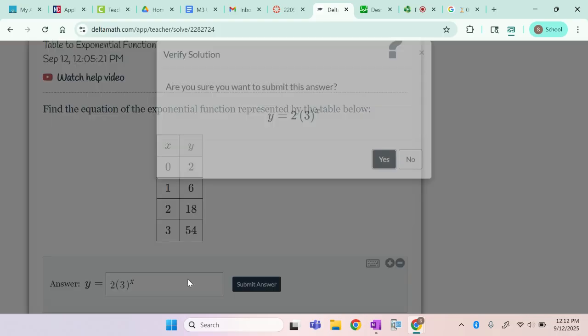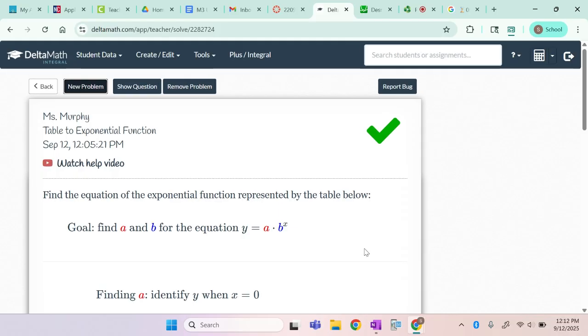And if I hit submit, it is the correct answer.